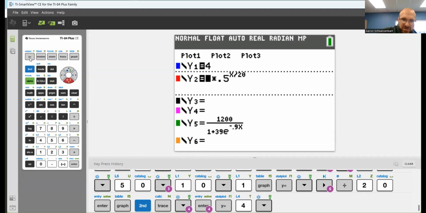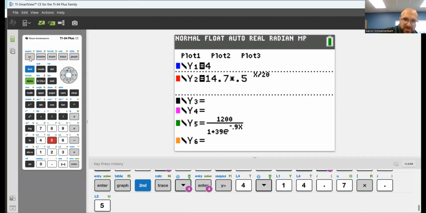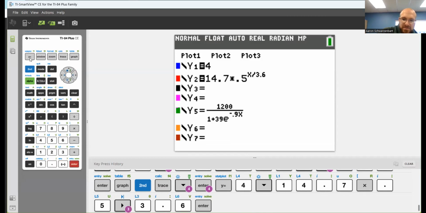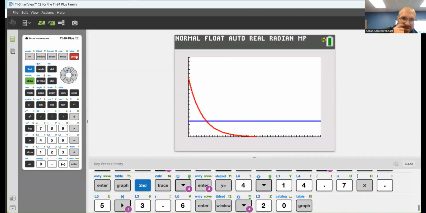Need 4. Take my window. Probably isn't that high. But we're gonna go 20 here because it starts at 14.7.